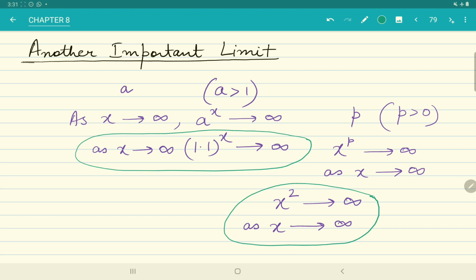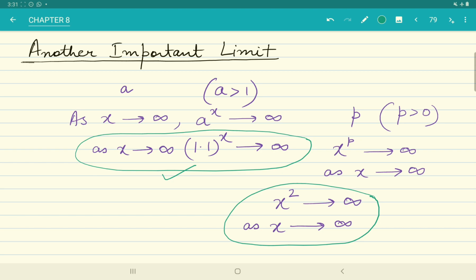The point to note here is that in both cases, these numbers tend to infinity as x tends to infinity. But eventually what we are going to see is that 1.1 raised to the power x is going to increase faster than any other power of x.